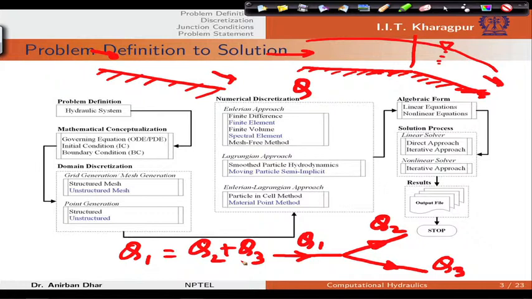But we do not know the exact value of Q2 and Q3. It depends on the nature of the flow and the upstream or downstream conditions and junction conditions available within the channel network system.